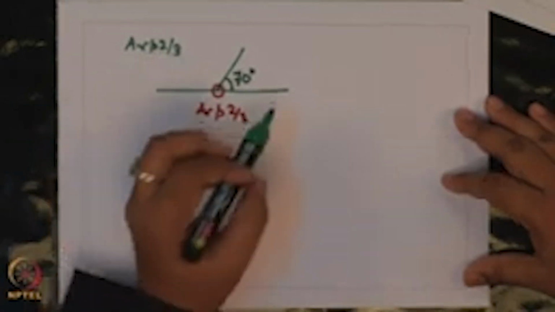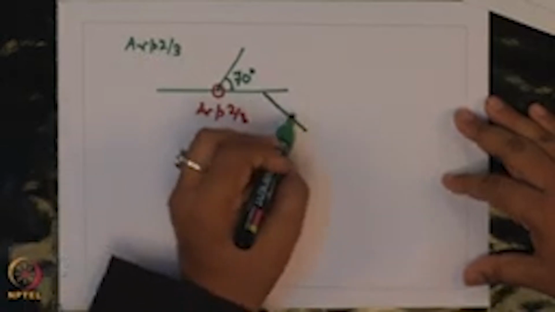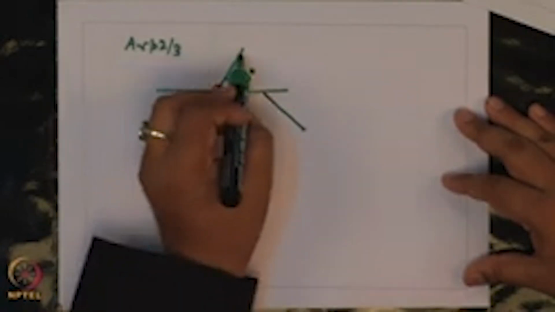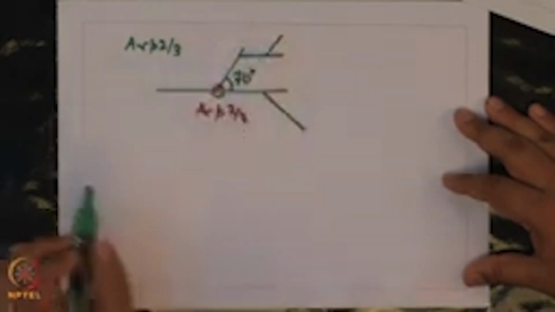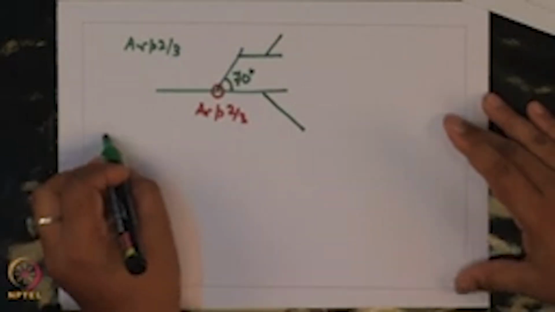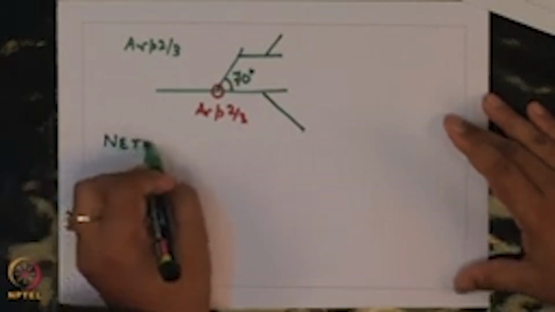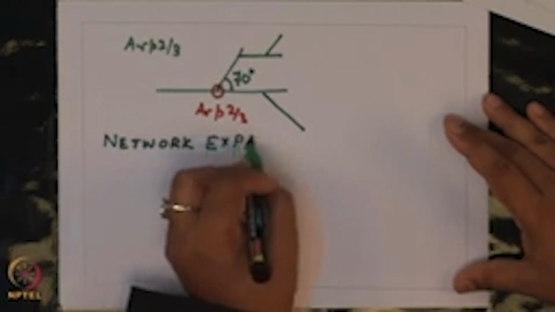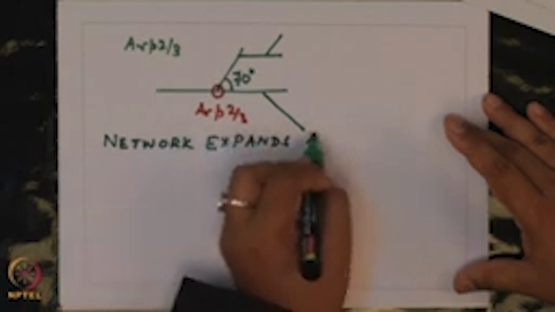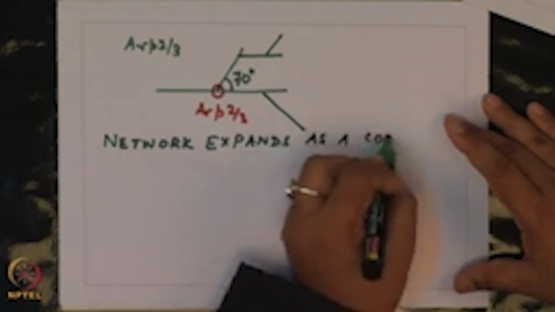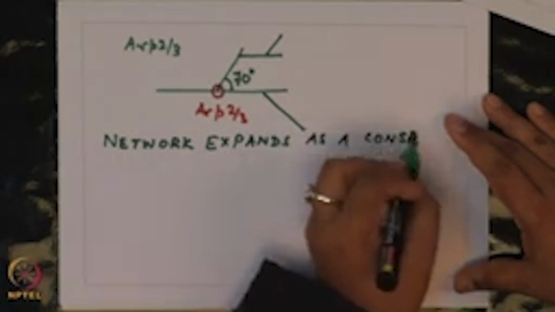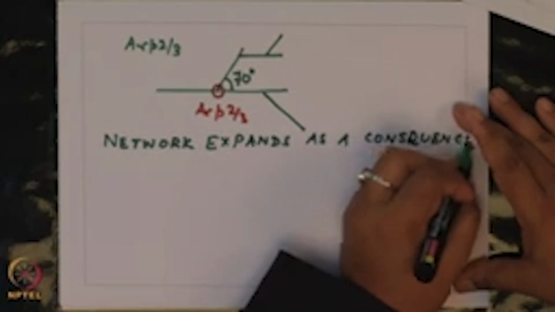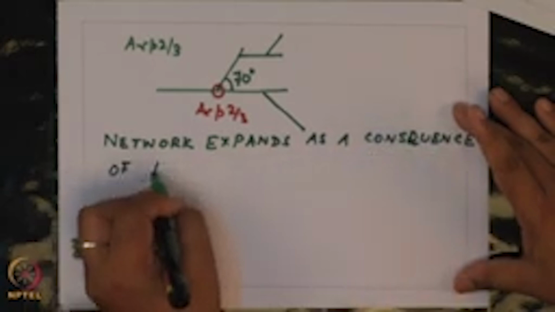So, as a consequence, from a single filament in the presence of ARP2/3 and G actin, you can form a network like this. So, the network expands as a consequence of branching.